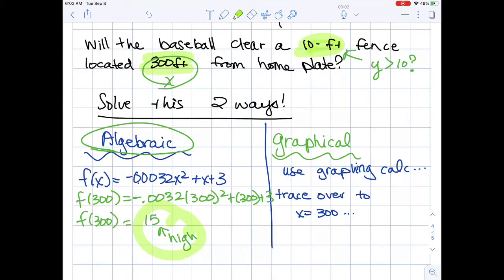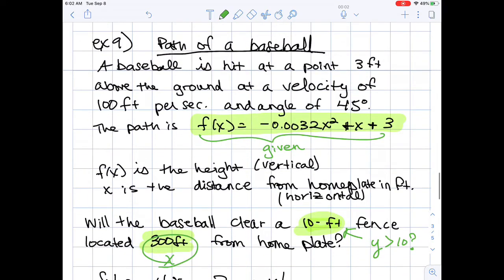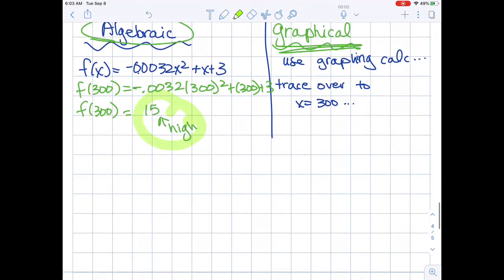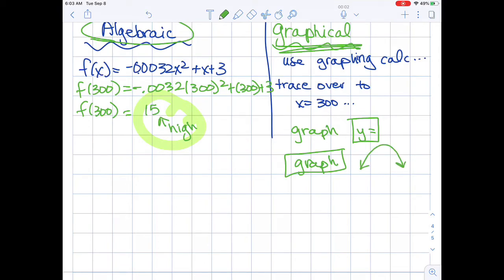The other way you could have done it is graphically on your graphing calculator, that you would go back to this and plug this into your calculator. And you could either trace it over to x equals 300, or you could do something called a table. So after you graph your function in your y equals, you're going to hit graph, okay? That will show you a shape that should look like this.